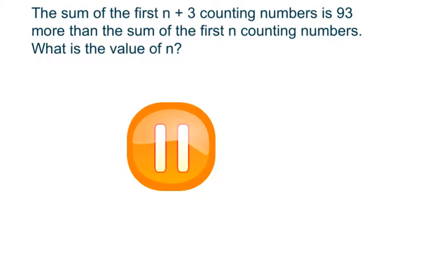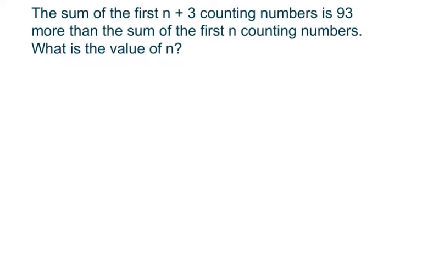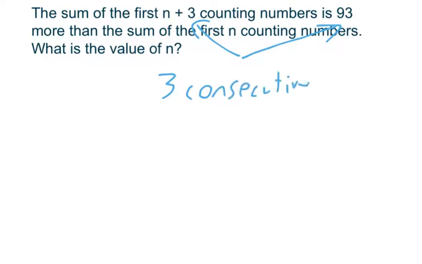All right, and here for the solution. So again, we're looking for 3 consecutive numbers, 3 numbers in a row, that add to 93. So I can divide that by 3 and that'll give me a ballpark.